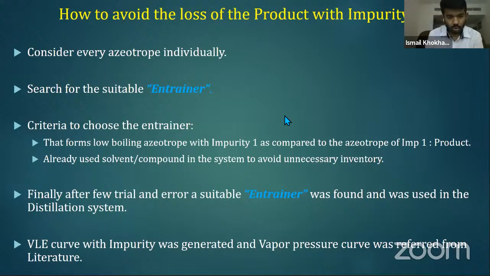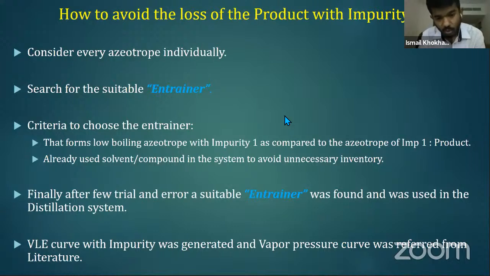So you know that our concern isotope was impurity 1 with product. So now, you must have learned in your distillation that whenever you encounter an azeotrope, to break an azeotrope we use an entrainer, a suitable entrainer, I would say. But here there are again criteria to choose an entrainer.